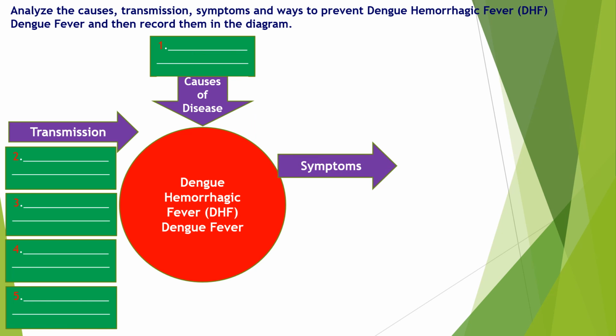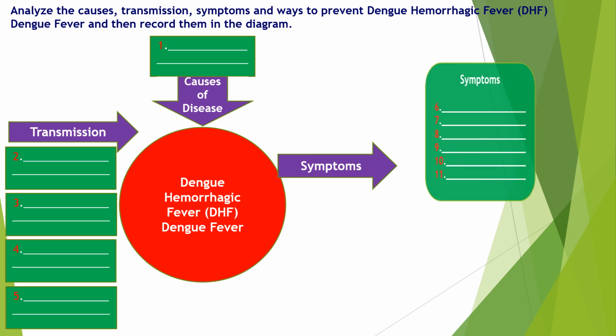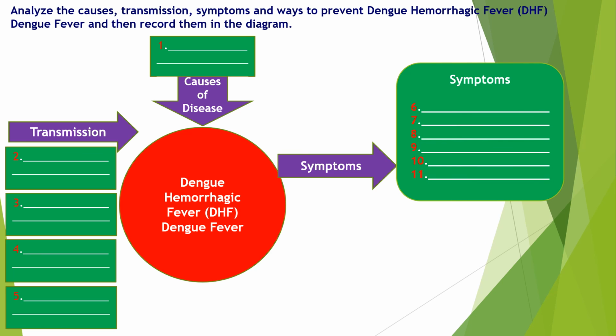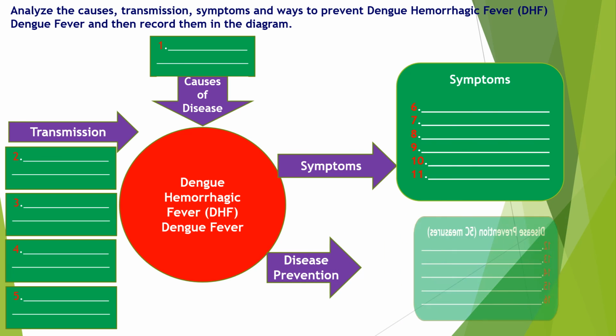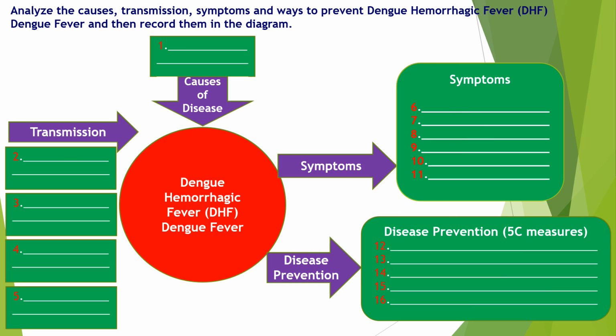And then, the symptoms. Write what can happen to those people who have the dengue virus. And the last one, disease prevention. How can we prevent dengue hemorrhagic fever? Write the 5C measures.